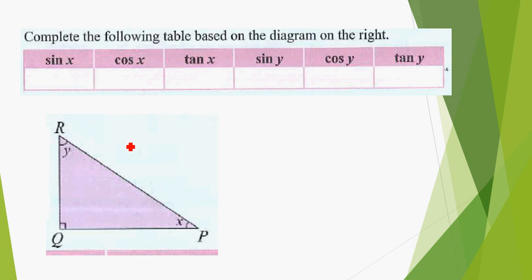Remember the formula to find sine is SOH CAH TOA.